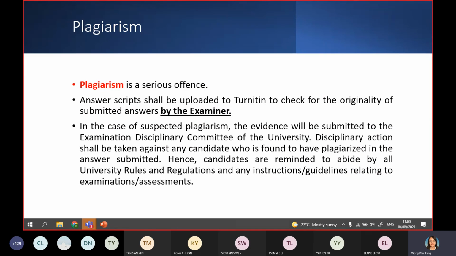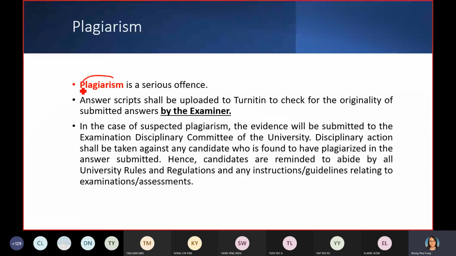Again, I want to remind you, plagiarism is a serious offense. If I find out your answer script is similar to another student's, or if I find your answer abnormal, I will upload it to Turnitin for checking. If the percentage is very high, then the evidence will be submitted to the examination disciplinary committee.